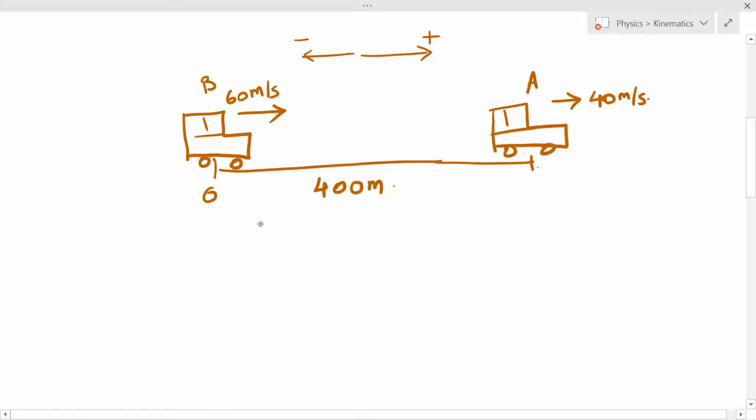Now what is the relative velocity of a certain object B with respect to A?